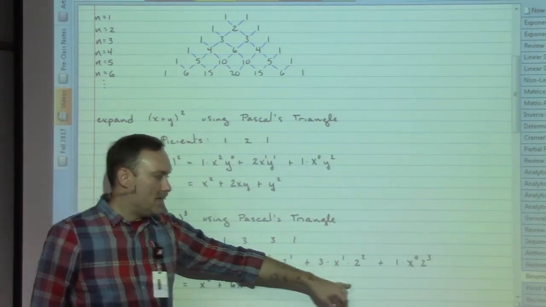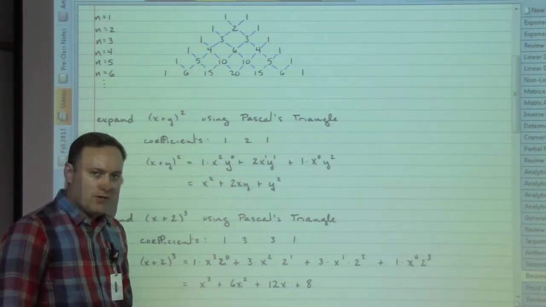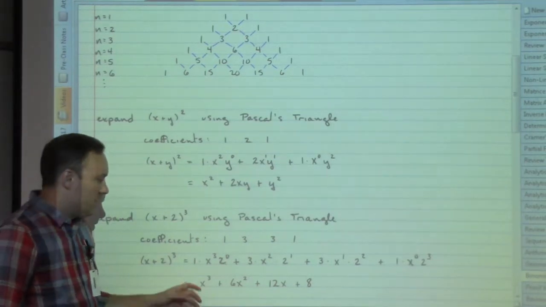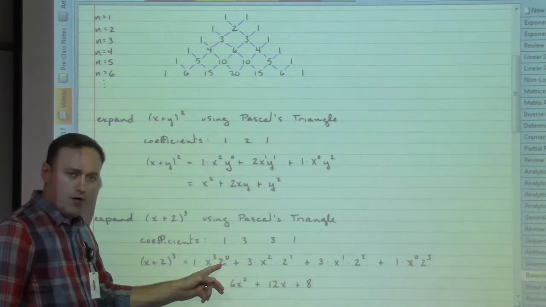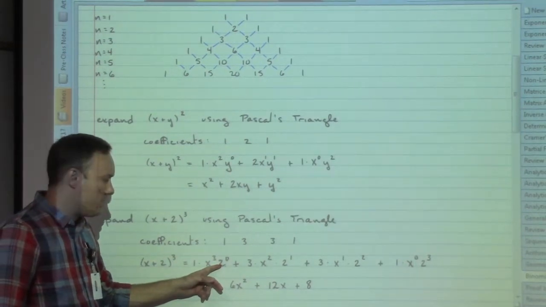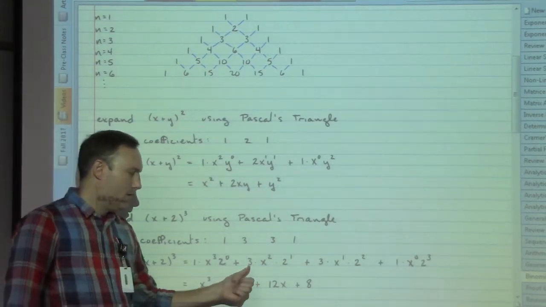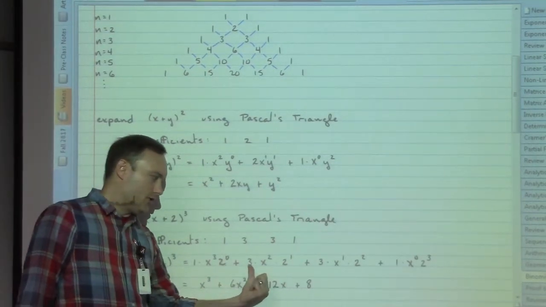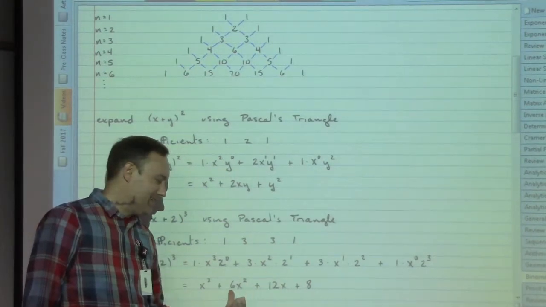Adjust those powers again, adjust those powers again, and then we can simplify each of these terms. So the coefficient of 1, there's no extra number contribution here, so we can have our x power of 3. Our coefficient of 3 times the 2 here gives me a 6.